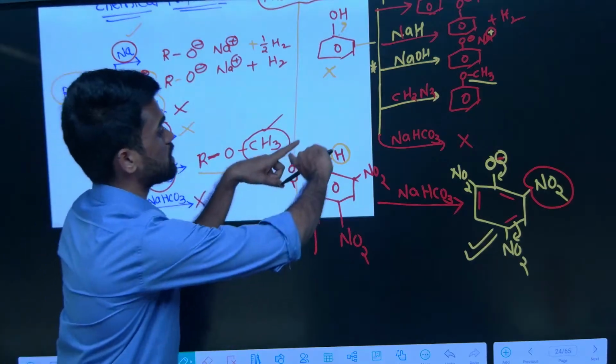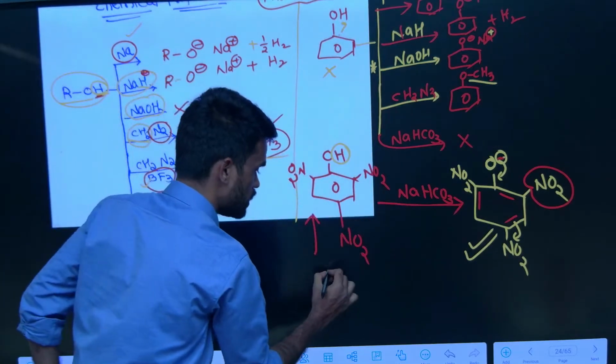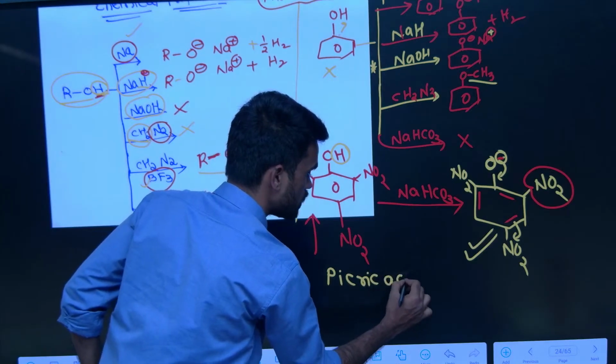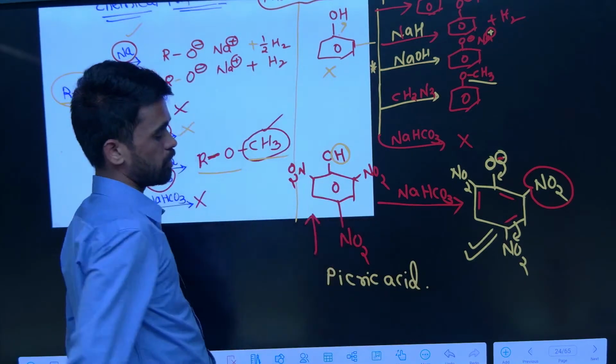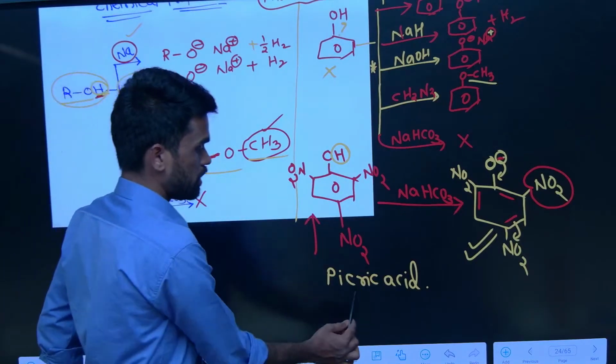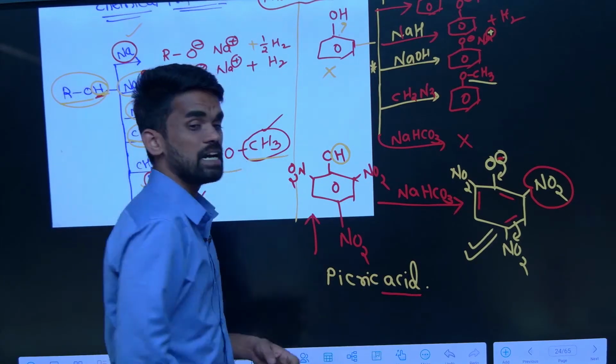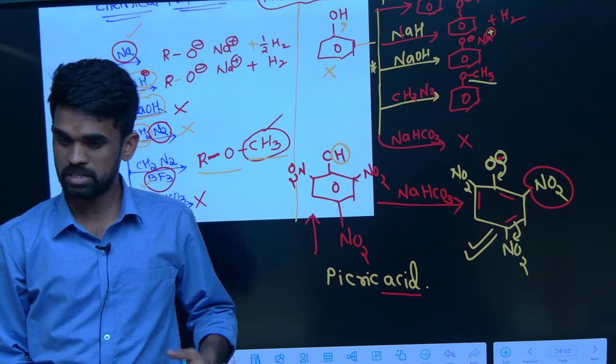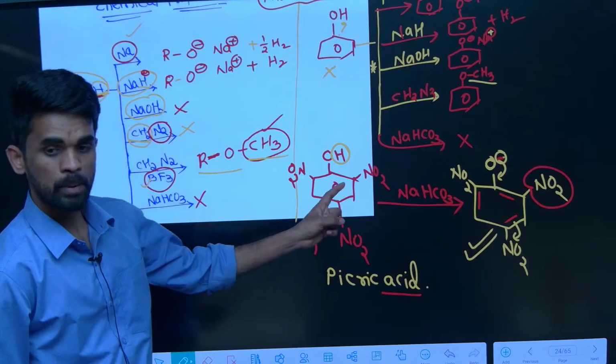Okay, so now what is the name of this compound? Yes, you need to remember this. This is called picric acid. The name in itself indicates an acid. Generally, when we think of organic acids, we think of carboxylic acids. Not only carboxylic acid, here we have picric acid.